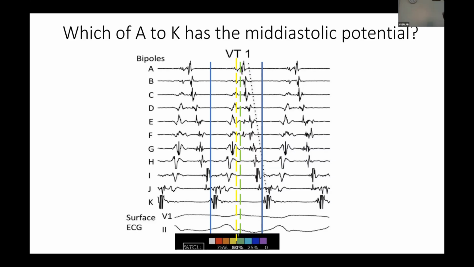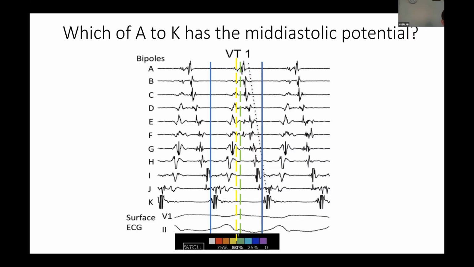So, the first thing is, when you do the entrainment, if this is the circuit, if this is part of the circuit, of course this is less likely because this is starting after the onset of QRS. Okay, I pick up this electrogram as an example. If this is part of a circuit, it means that when you try to pace, the stimulus to QRS should be very, very short.